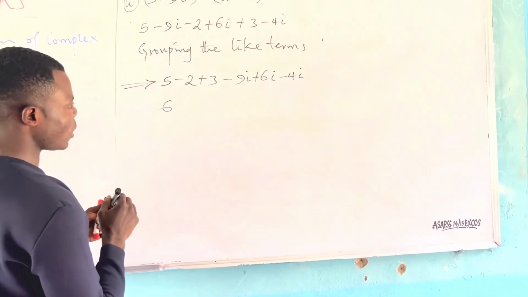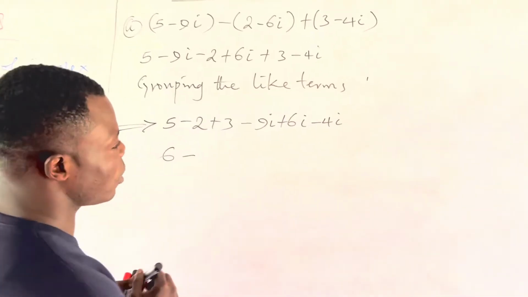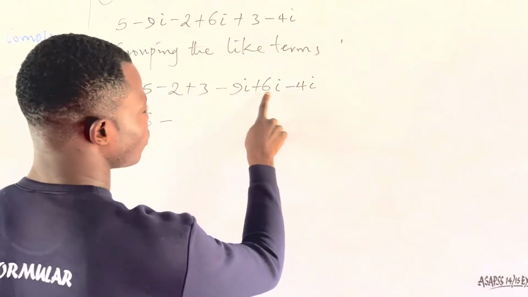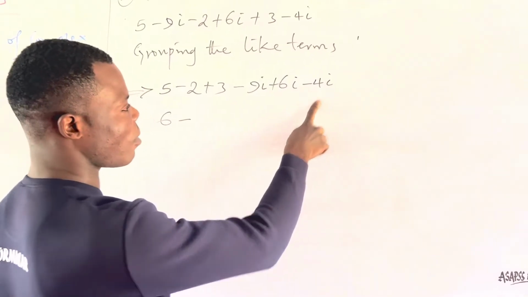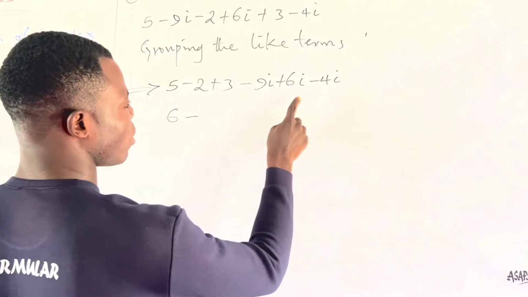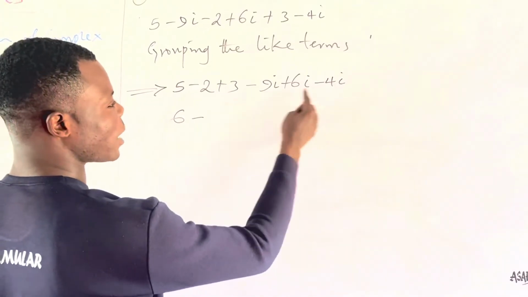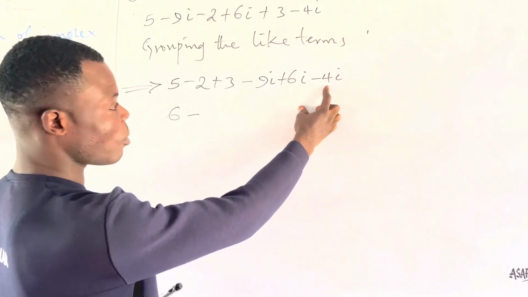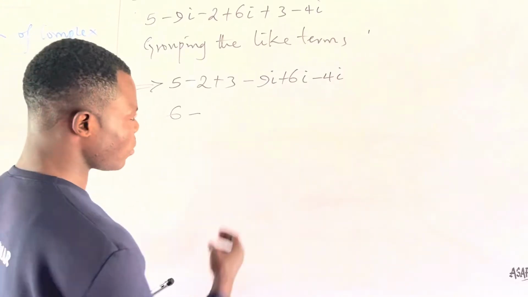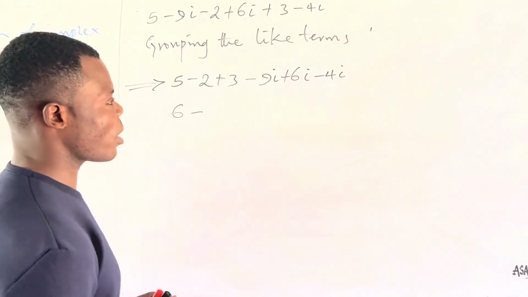So if you operate this, we are going to have a 6. Okay, so this will give us 6, and if you operate this as well, minus 9 minus 4 will give us a minus 13. A minus 13 plus 6 will give us what?